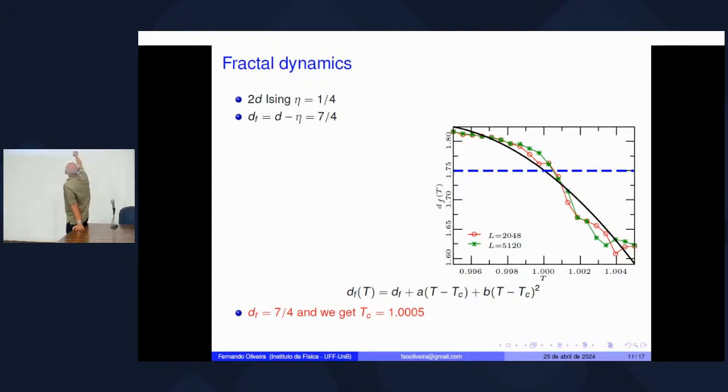And what we do here is to approach closely the df. We approach this df of T plus this power law here, and adjust the curves. For the fit, we get something like TC very close to 1, which is a good indication that we are close to this situation.